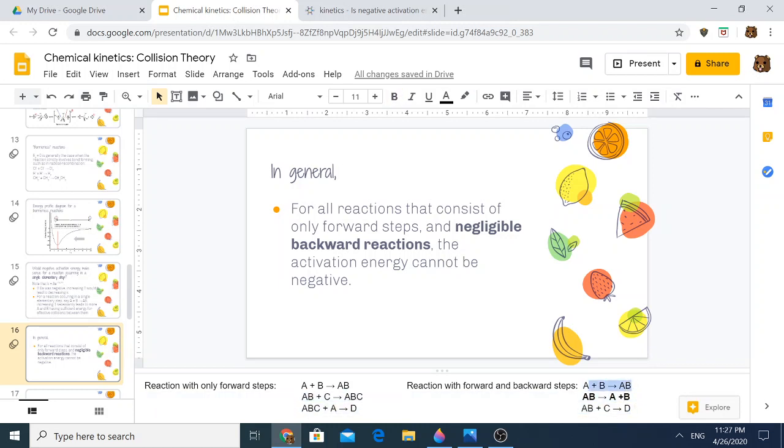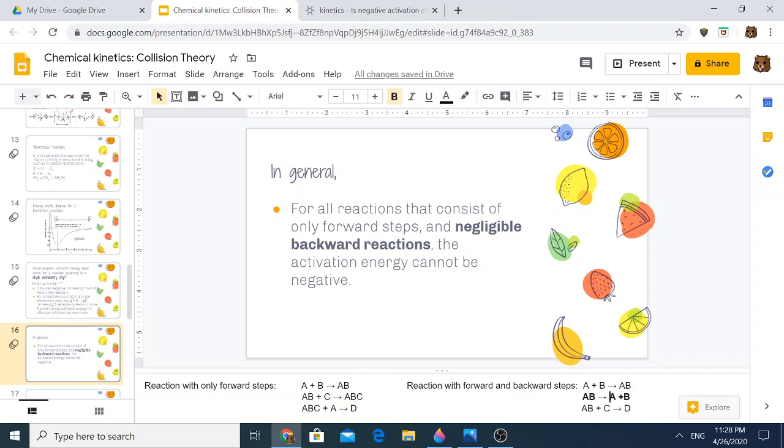This reaction scheme, A plus B to give AB, AB then dissociates to give back A plus B, and then AB reacts with C to give D. So this is basically the same sort of reaction. It's basically A plus B plus C to give D. You can see the overall reaction is the same as this one.